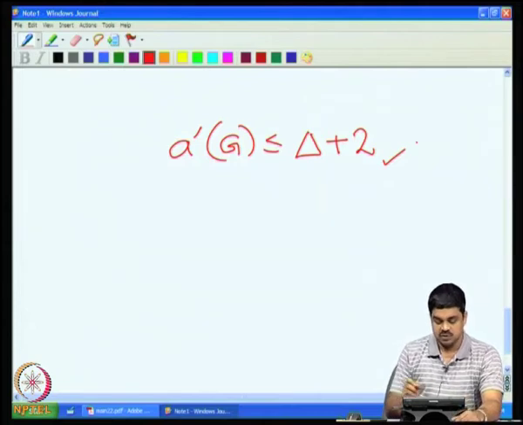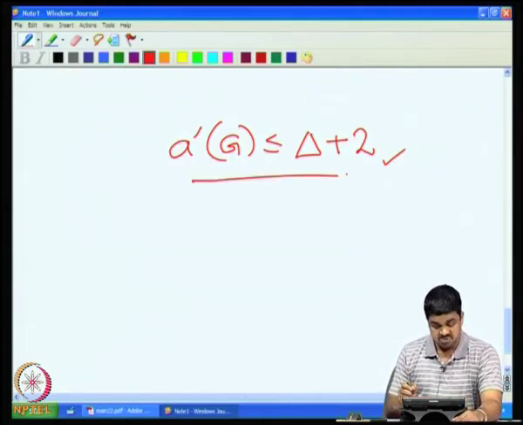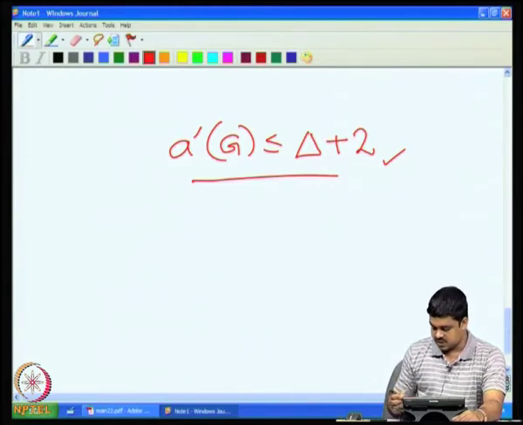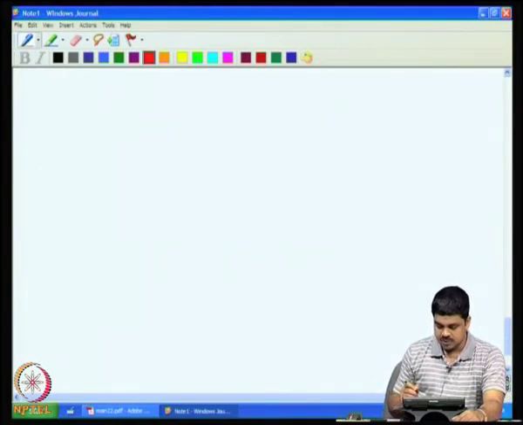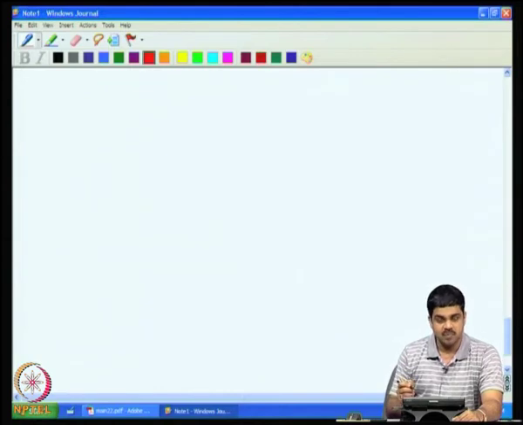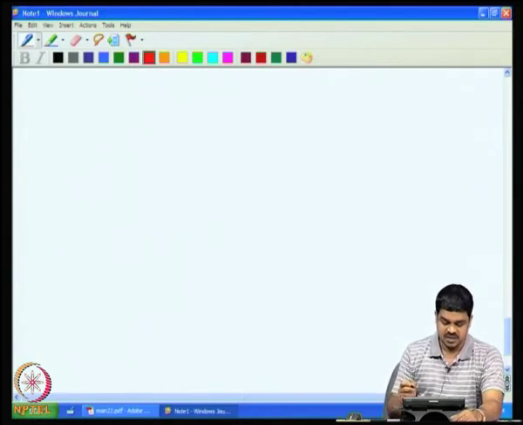So, now there is a question of whether delta plus 2 colors are required or not. Or even, is it possible that there are some graphs which require delta plus 1 colors? Okay, that we know, even in proper coloring delta plus 1 colors are required.